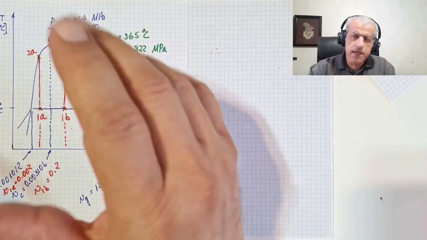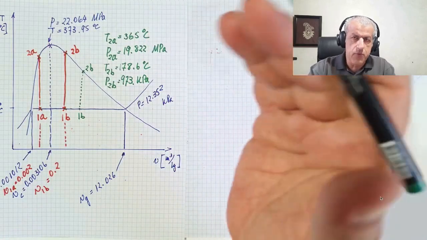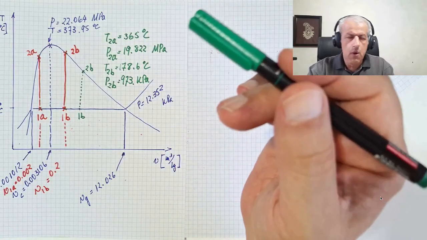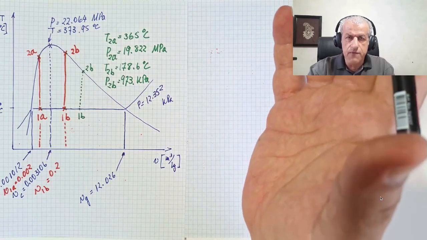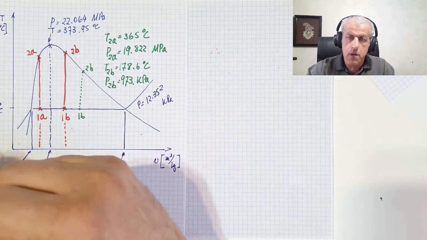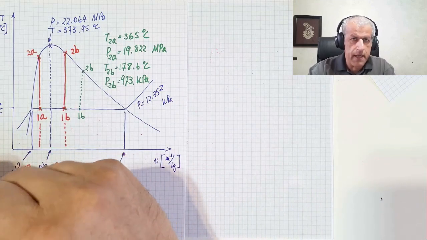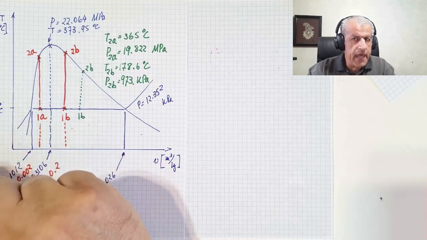Now, before ending this problem, in which I've just calculated point 1 and point 2, and everything we know about this process, there's one more addition to it which is good to know, and that's what happens to energies.